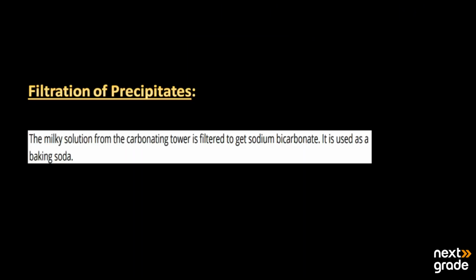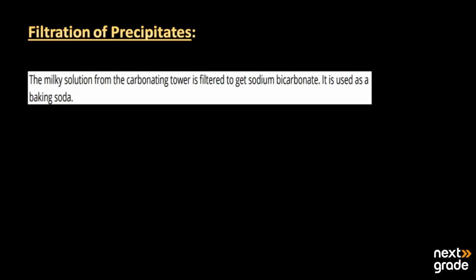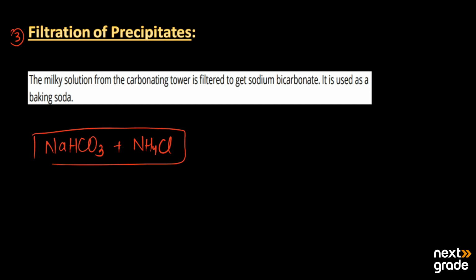Now the third step in Solvay's process is the filtration of the precipitates. The main product we gain above is sodium bicarbonate plus ammonium chloride. This solution is basically a milky solution. How do we separate it out?